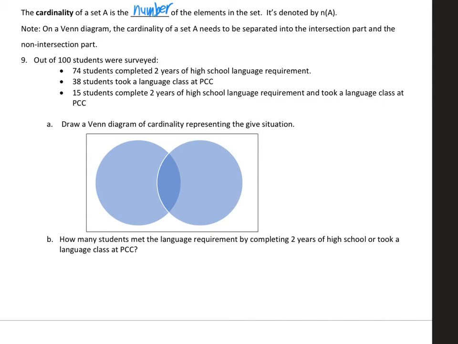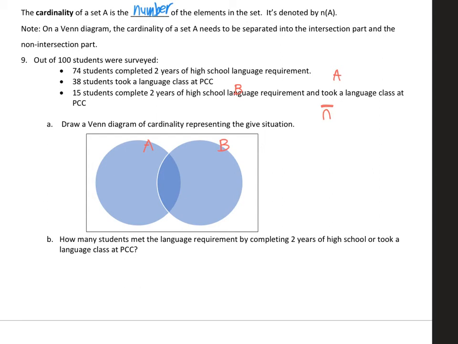I think this comes from area 6 of the IGETC. And 15 students completed 2 years of high school language requirement, and, ooh, they say and, so this has got to be intersection, took a language class at PCC. So let's say this is set A, and this is set B. So A is the high school, B is the PCC. So there's A and B.